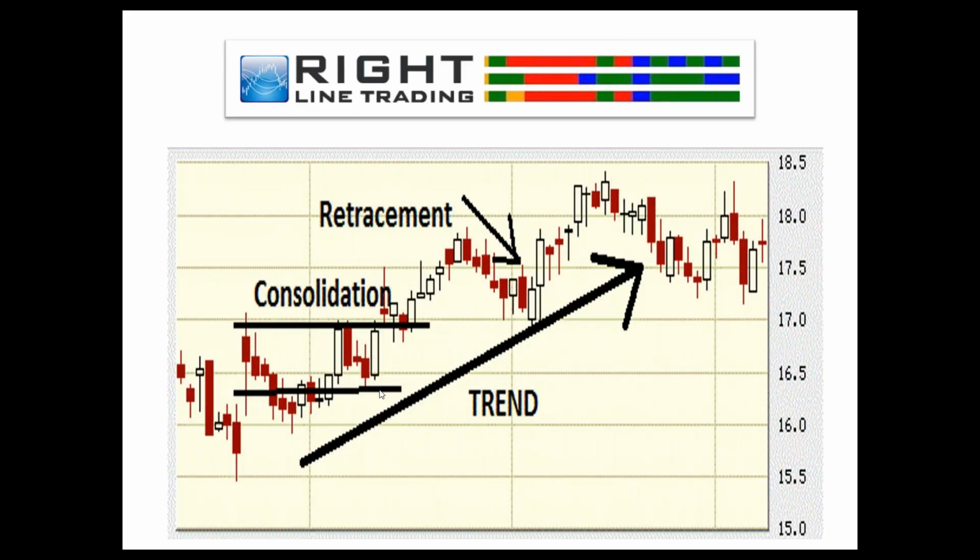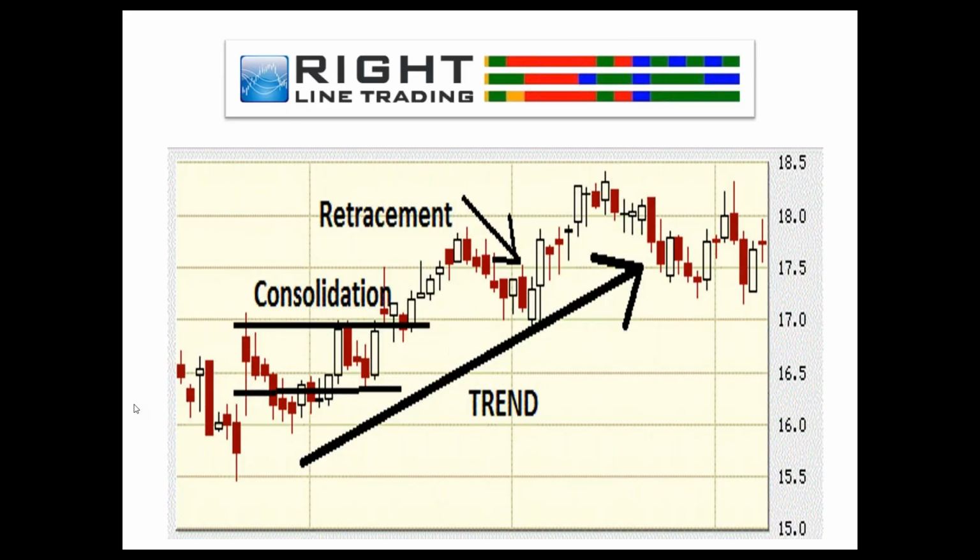If you have a call position on a stock in a confirmed uptrend that goes into consolidation, time is going to erode the value of the option, and ultimately you're going to be left with nothing. Now, the thing about consolidation is that price almost always breaks out of consolidation in the direction of the trend.